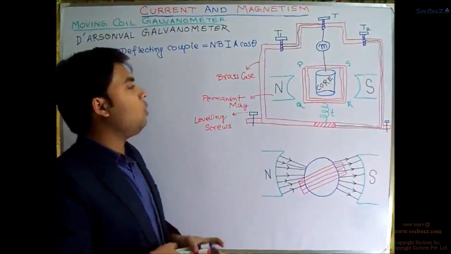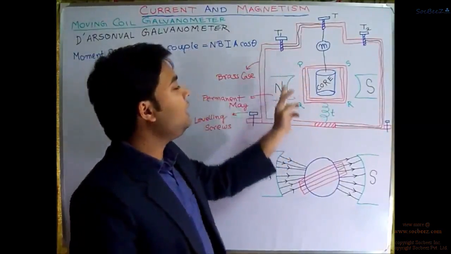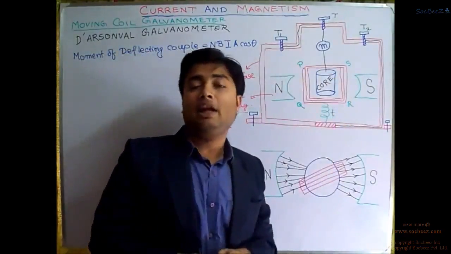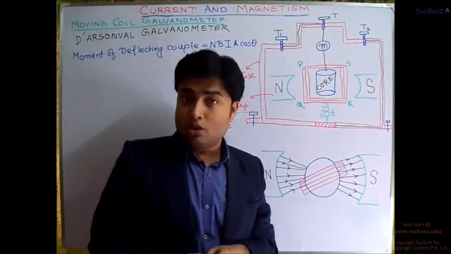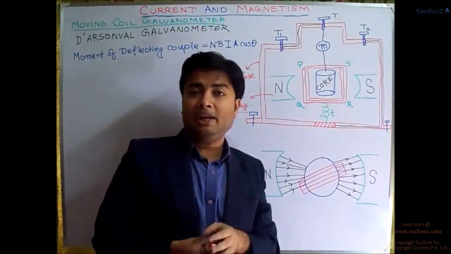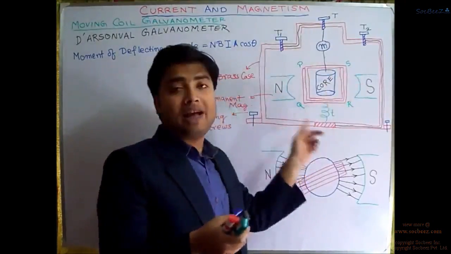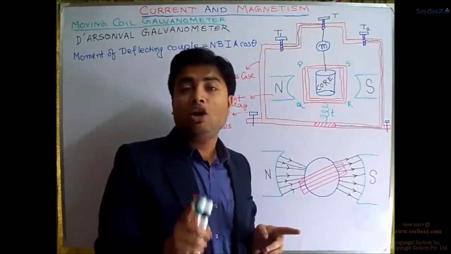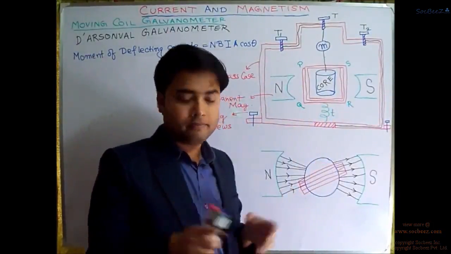Now, as we know, this is a coil of N number of turns, PQRS, made up of insulated copper wires wound around a very light frame, but that frame should be non-magnetic, right?